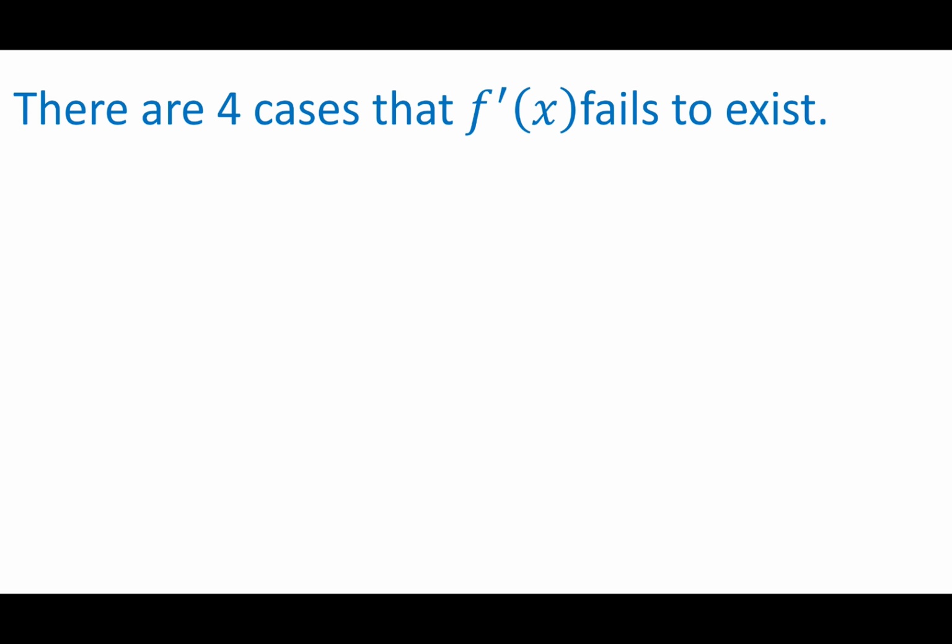Okay, there are 4 cases where f prime of x fails to exist, where we cannot find a derivative. First one's going to be at a corner.